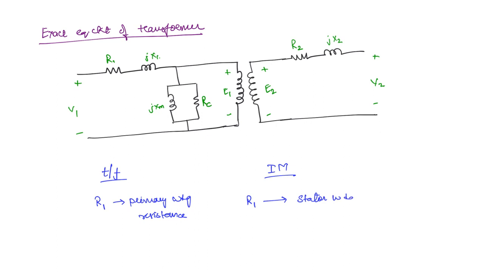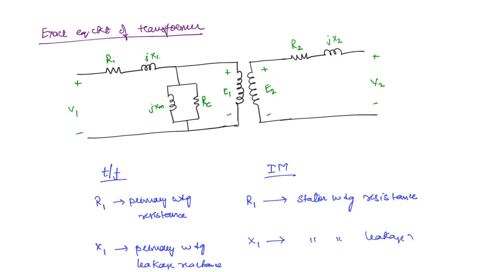So R1 is the stator winding resistance. And what about X1? This is the primary winding leakage reactance. Similarly, for the induction motor also we will have the same parameter X1, which is the stator winding leakage reactance.